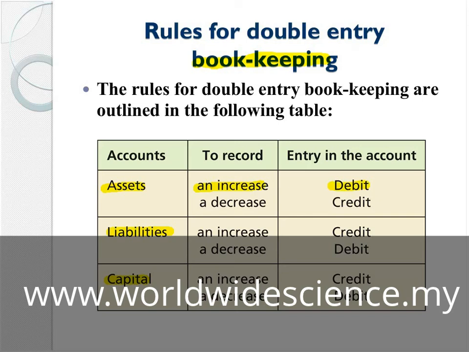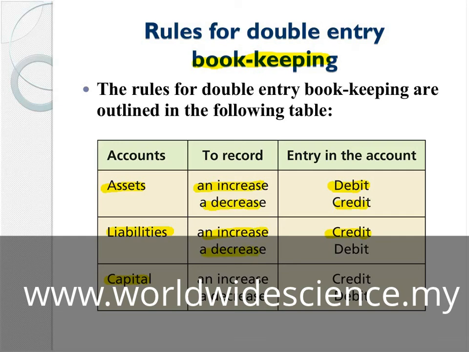If assets decrease, we show it in the credit on the right hand side. Then liabilities. If liabilities increase, we show it on the credit side, on the right hand side. You see, it's different from the assets. And if they decrease, we show it on the debit side, on the left hand side.